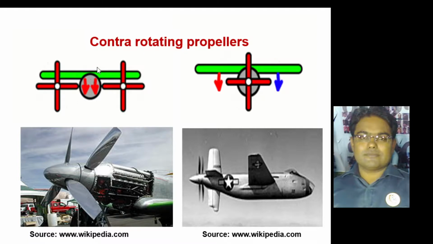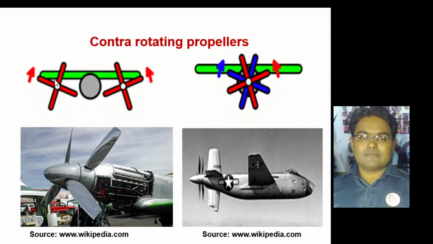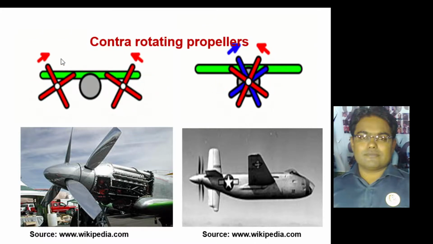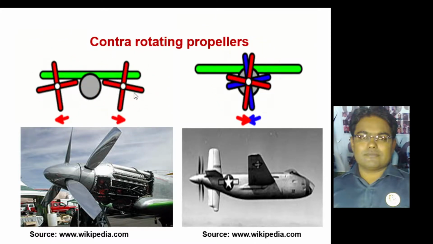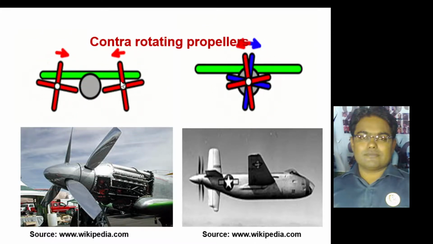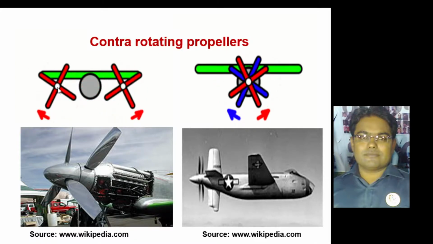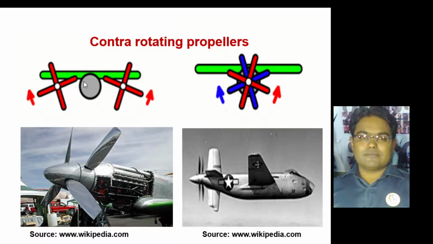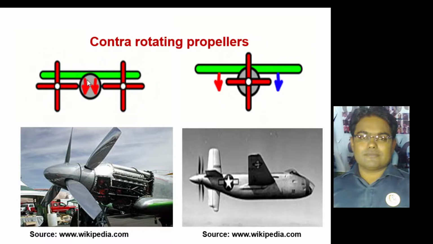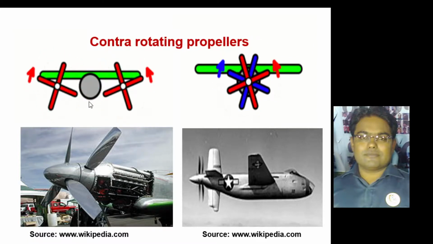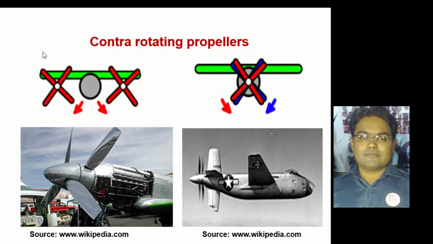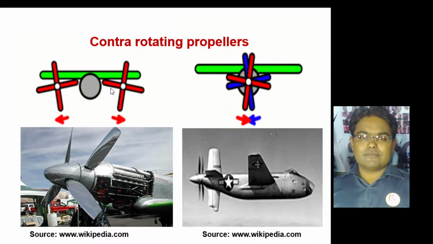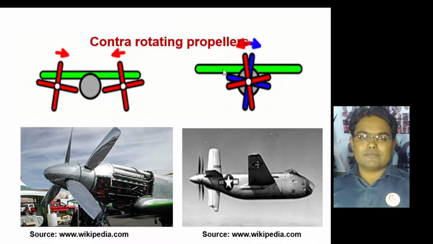If this is a clockwise rotation, it will try to rotate your aircraft in the anti-clockwise direction. To negate that effect, there is a design to attach a similar propeller at a similar distance away from the center of the fuselage. So it's called a contra-rotating propeller.